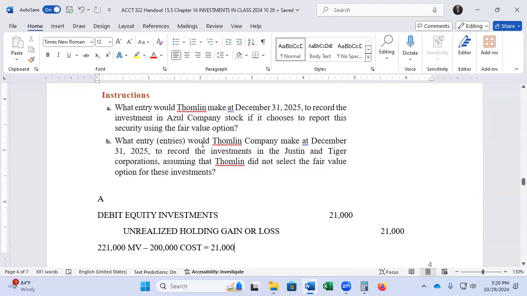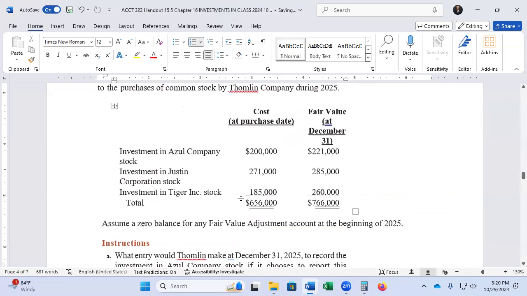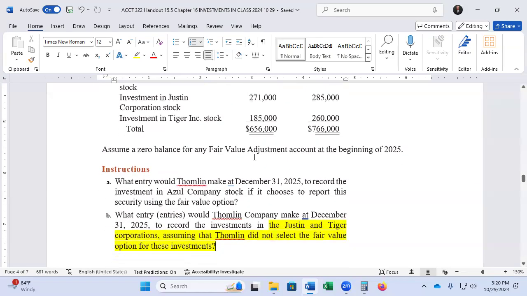It says, what entry or entries would Tomlin Company make at December 31, 2025 to record investments in the Justin and Tiger corporations, assuming that Tomlin did not select the fair value option for these investments? Okay, so now we've got investment in Justin and investment in Tiger.